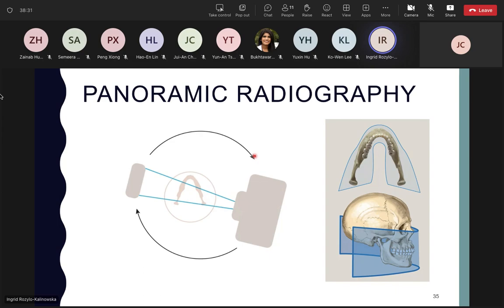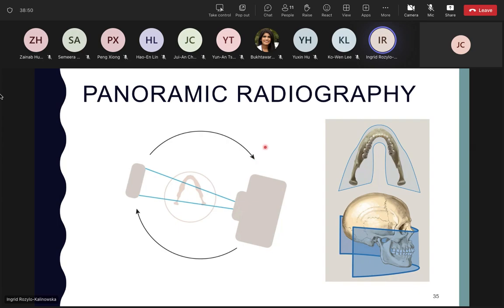But owing to computers, owing to robotic movements of the so-called C-arms, the tomographic movement becomes more and more complicated, and therefore the obtained images are more and more accurate.